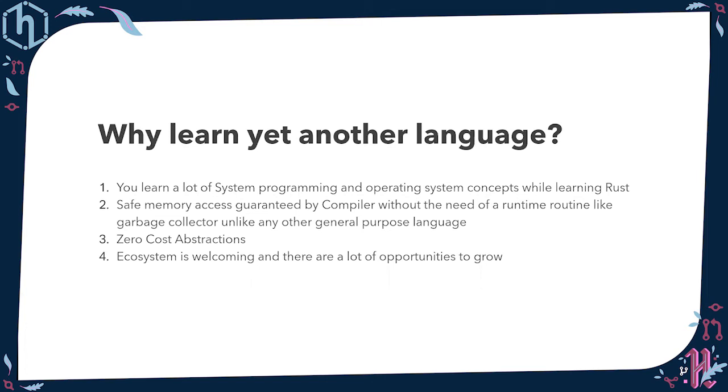Then there are zero cost abstractions. So zero cost abstractions are basically, there are a lot of features which you have in modern languages, features like lambdas, right? When the modern languages do so, they have a cost associated with it.